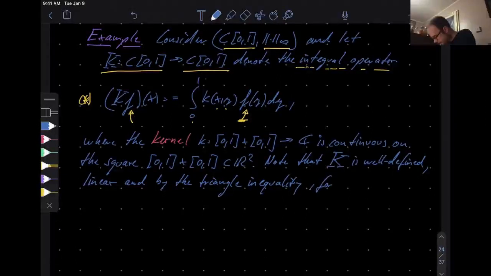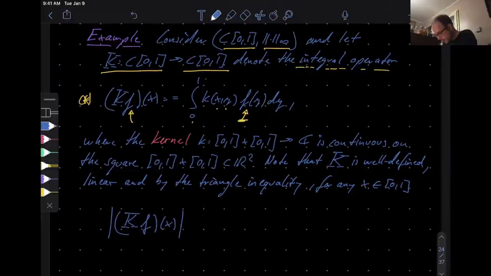for any x in [0,1]. So let's take the left hand side, capital K f of x, complex modulus. Now the complex modulus would be outside the integral, but there is a triangle inequality for integrals that allows you to bring it inside.